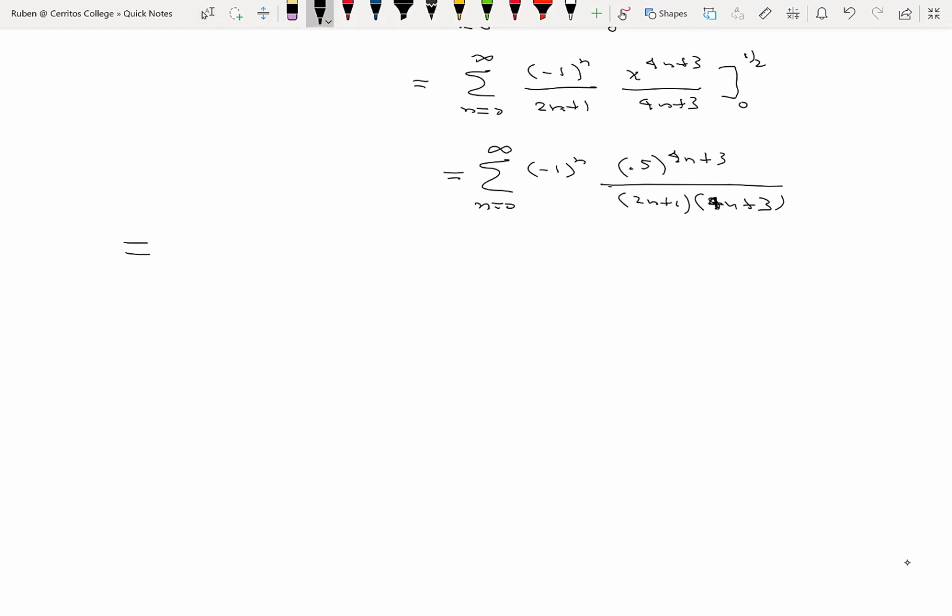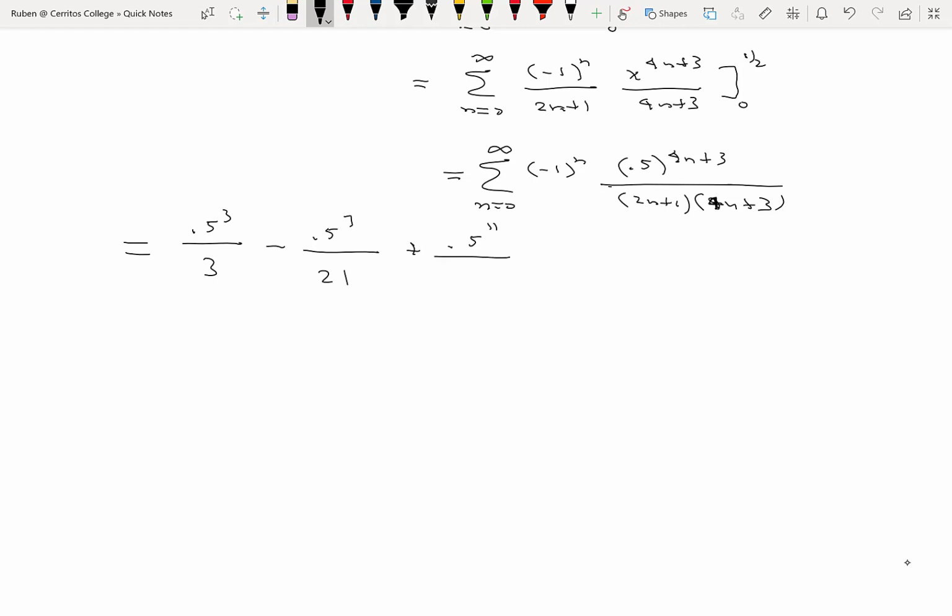When n equals 0, I get 0.5 cubed over 3. When n equals 1, I get 0.5 to the 7th over 21. When n equals 2, I get 0.5 to the 11th over 55.